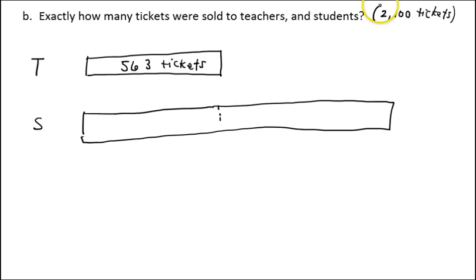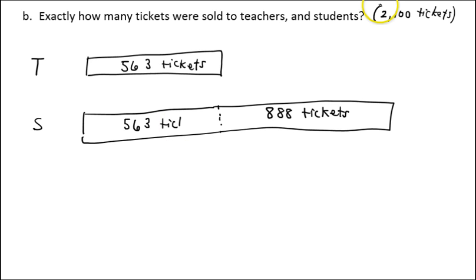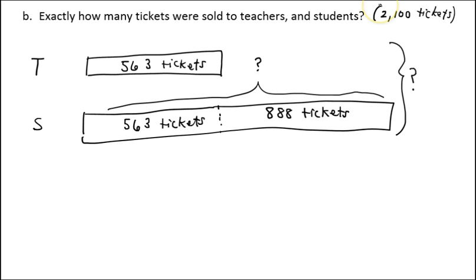So we'll show that portion that's more than the teachers as being 888 tickets. If they had sold the same amount, that would have been 563 tickets. And again, we need to find out how many tickets exactly were sold to students. And then we need a combination of the tickets sold to teachers and students.